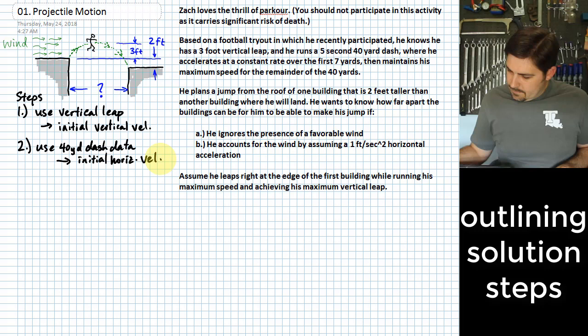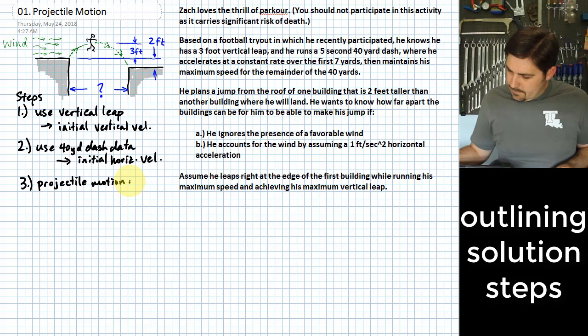And then lastly, after we've got those 2 things, we can go into a computation for the projectile motion. We'll do that for the case where there is no wind, as well as accounting for this extra 1 foot per second squared horizontal acceleration due to wind.